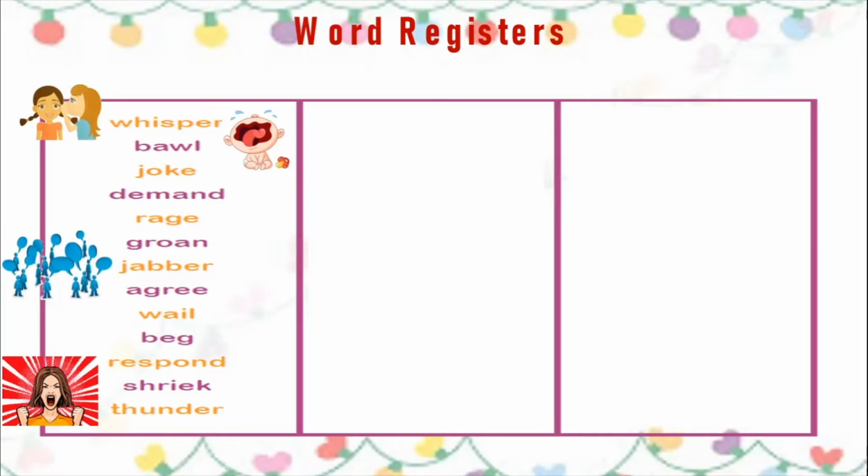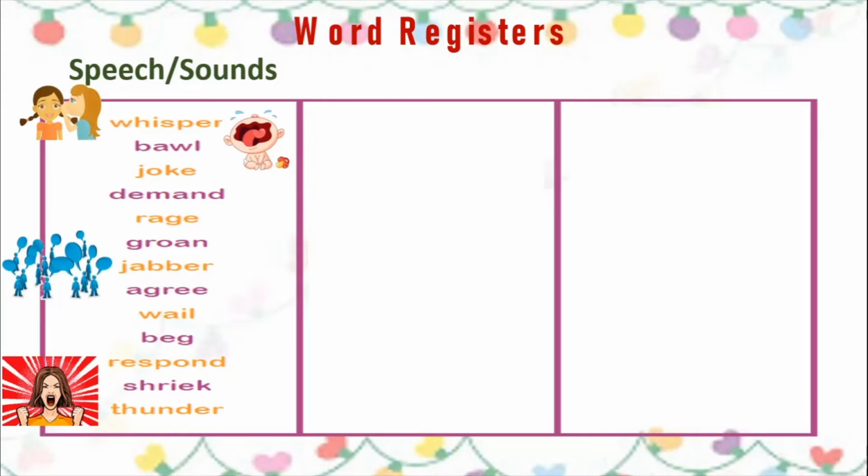Thundering also means speaking or shouting very loudly. So these are a group of words related to speech or related to sounds. If you are asked to make a word register related to speech or sounds, this could be an example of a word register.